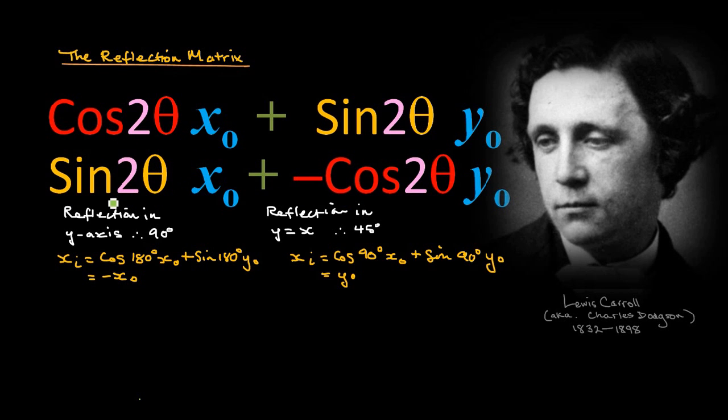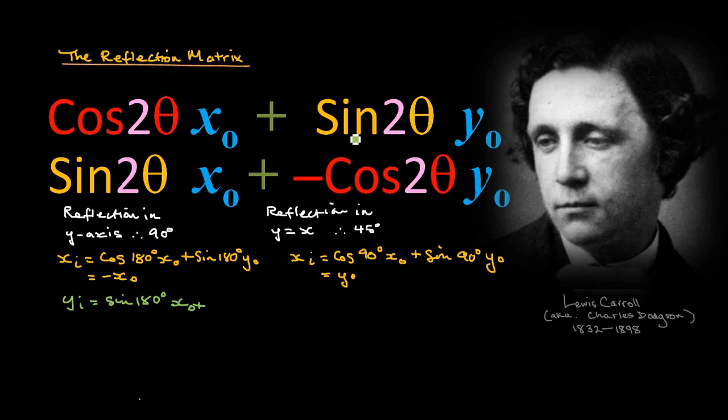So now the y coordinate of the image is sine of double 90, so in this case 2 times 90, so 180, times the x coordinate of the object, plus the negative cosine. So they're swapped around. You remember in the previous formula the only negative was on the sine here.